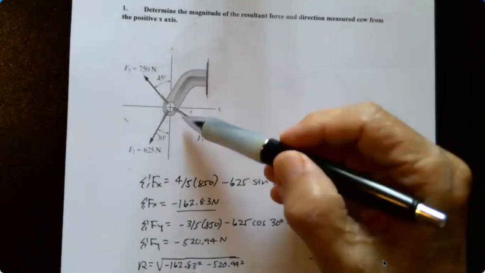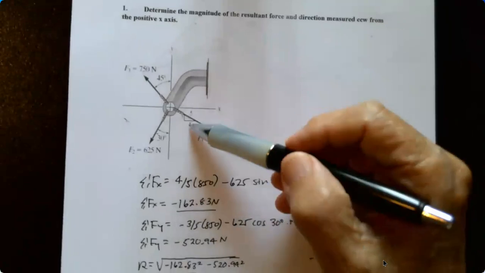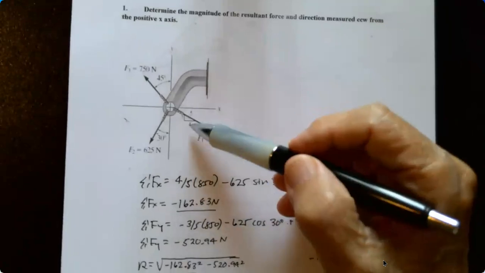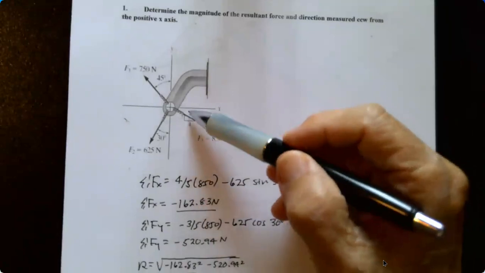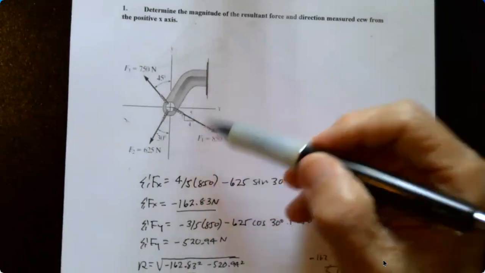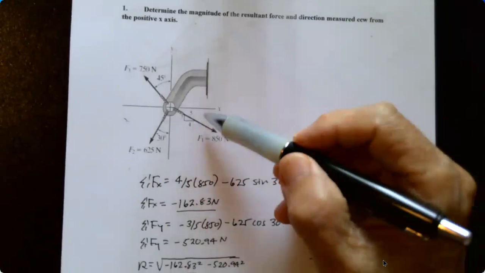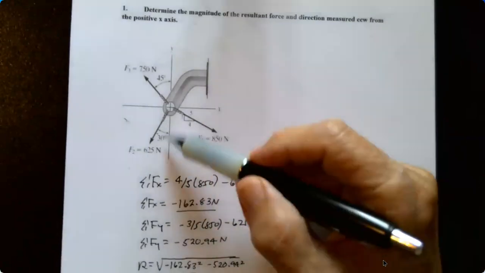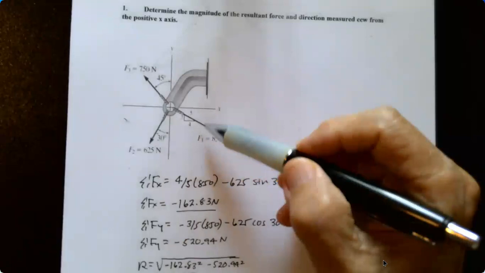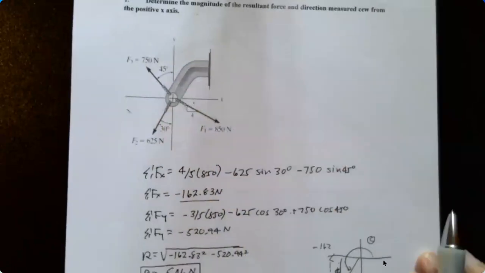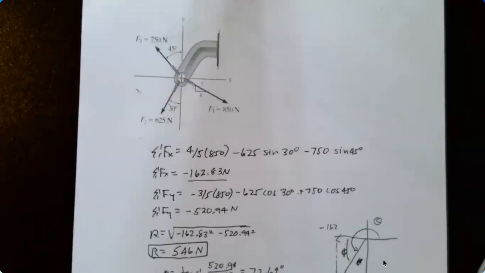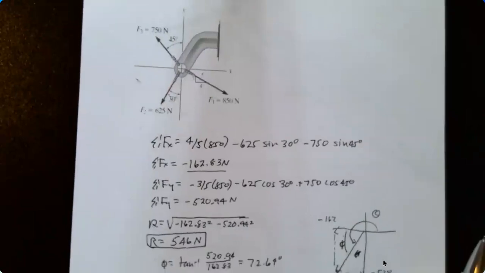It's 3 in the y direction, 4 in the x direction. So 4/5 for x component, 3/5 for the y component. Again, keeping your pluses and minuses. These are both minus. This is plus minus this way, and this one is plus plus for both of them. And so you end up with a resultant of 546 newtons.